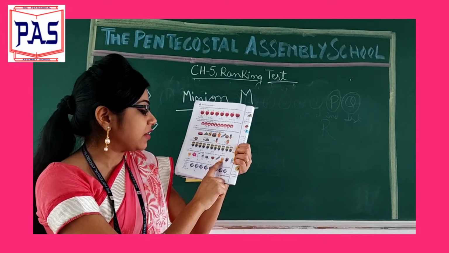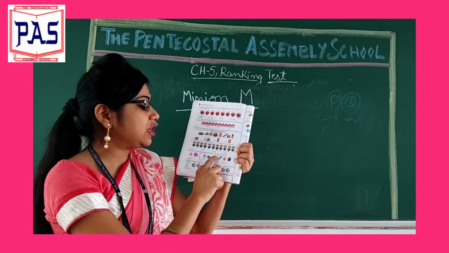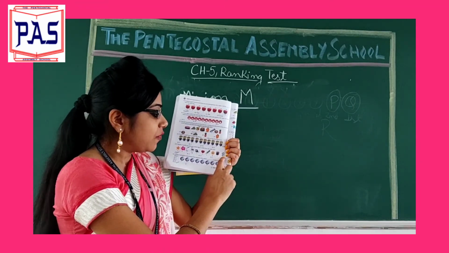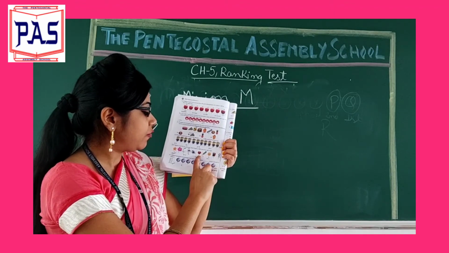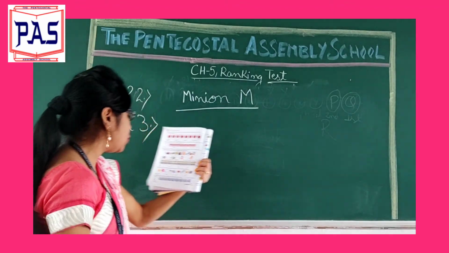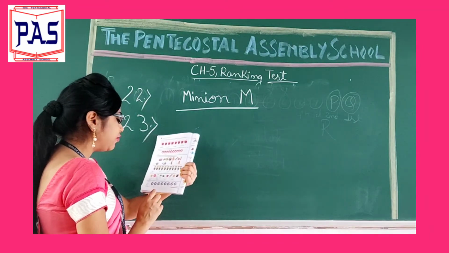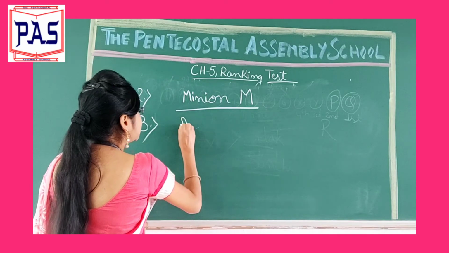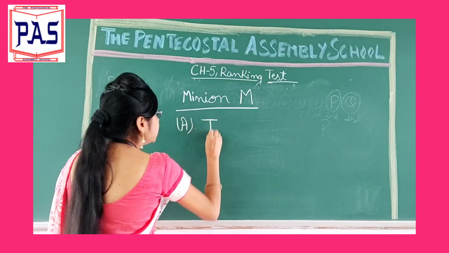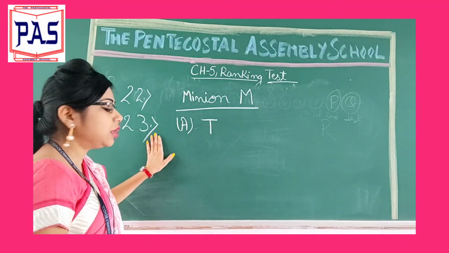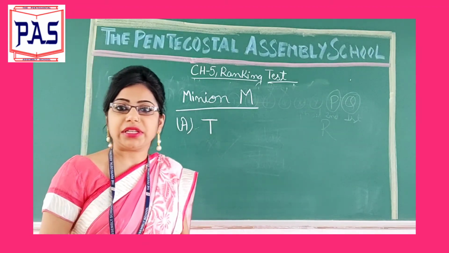W, the sun, will be removed. Which figure is fifth from the right end? Our right is this. 1, 2, 3, 4, 5. So T, the laptop, is the fifth figure from the right end. That is option A, T. T is the correct answer for question number 23.